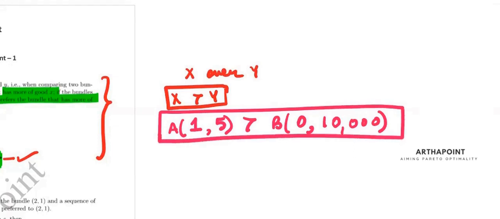You will always prefer the bundle which has more of good X. You will not compare what happens to Y, as long as the bundle has more of good X.